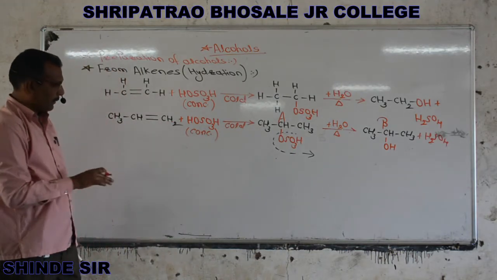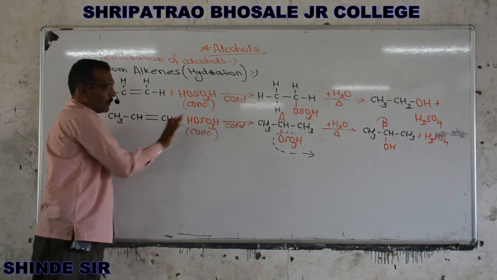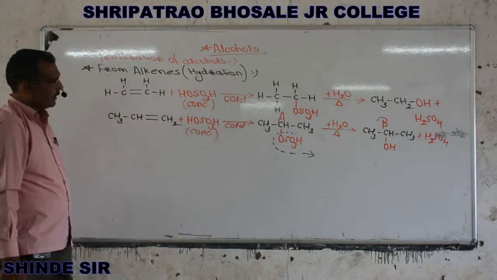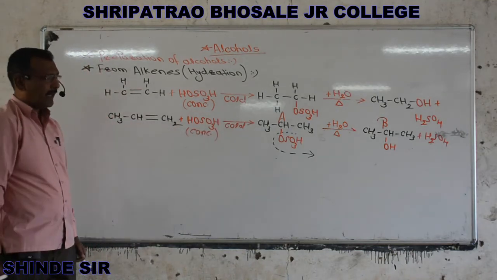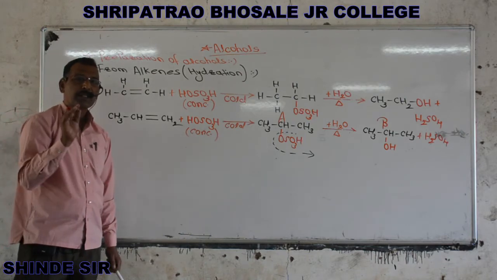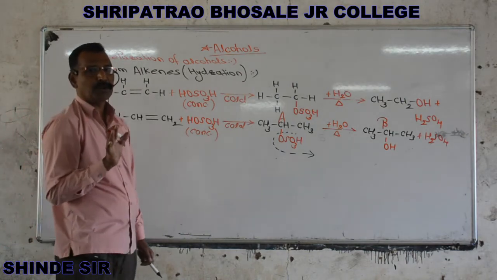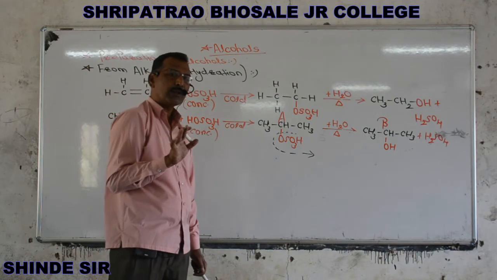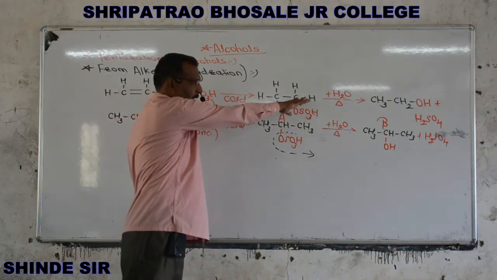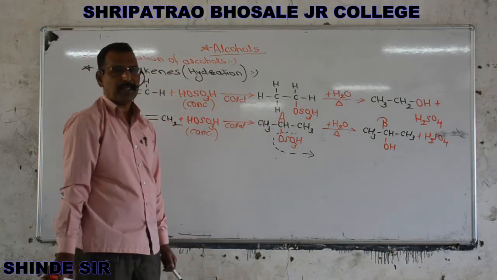So this is the preparation of propan-2-ol. Now generally by using this hydration reaction we can obtain only secondary and tertiary alcohols. Primary alcohol is exceptional, only ethyl alcohol is obtained.